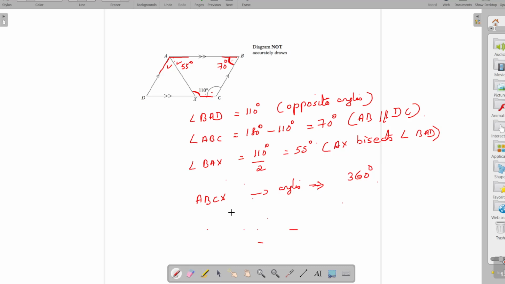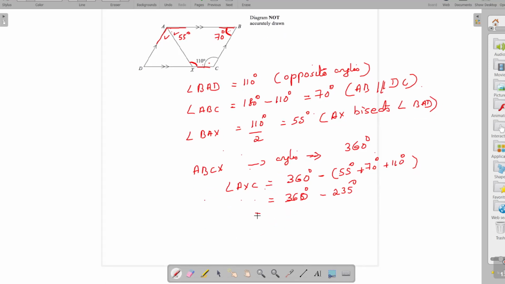So we can find angle AXC: 360 minus 55 plus 70 plus 110, that is 235. 360 take away 235, which will be, sorry, 125. So that's the question.